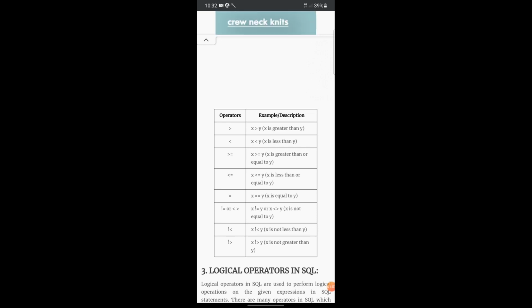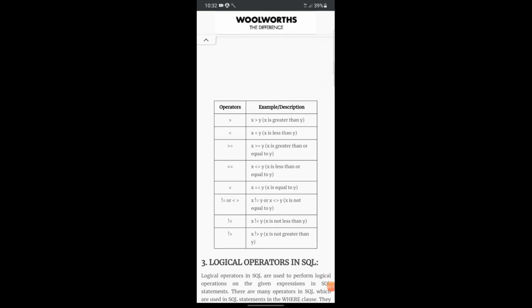So the very important operator of SQL, that is the not operator. You can see here the not operator, that is operator number 5. This not operator can be used to compare whether or not a value is equal to or not equal to any other operand.